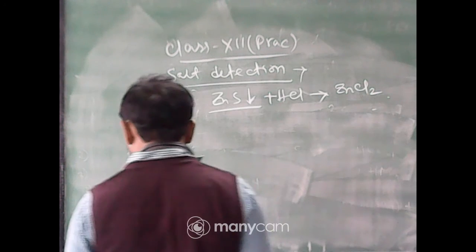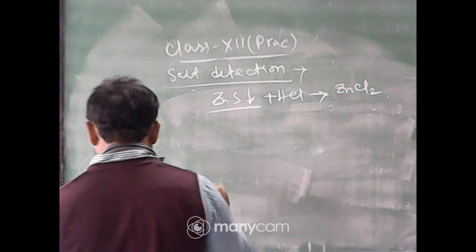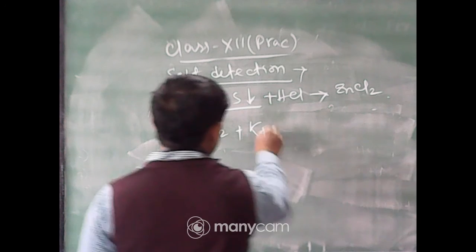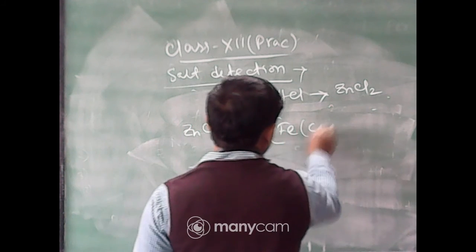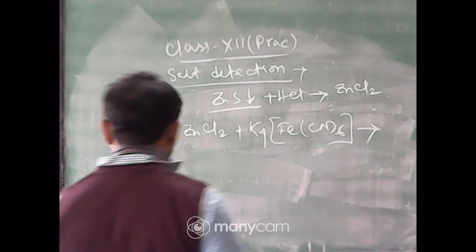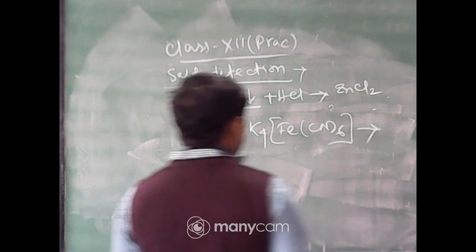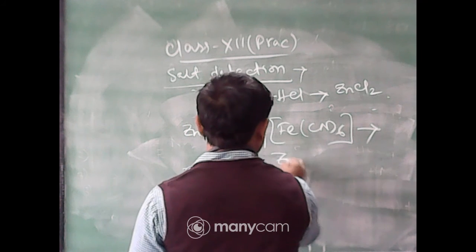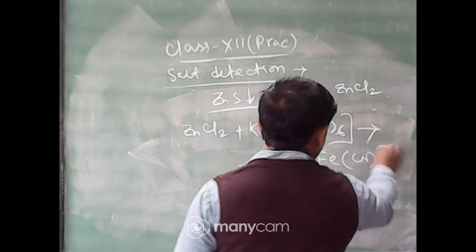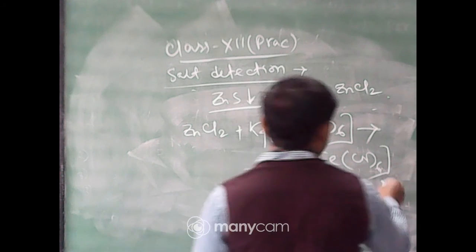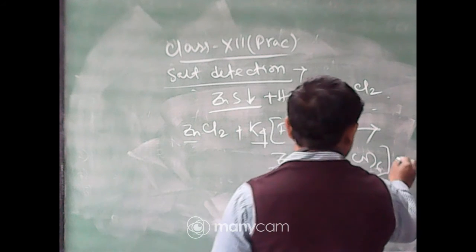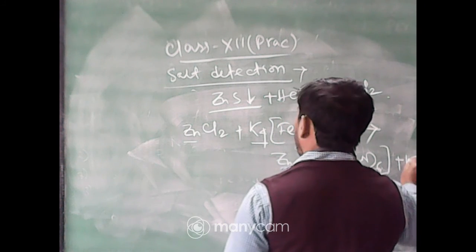Okay. Now, zinc chloride, when treated with ferrocyanide solution, will produce one precipitate, just a displacement of the potassium ion by zinc ion, that is Zn2[Fe(CN)6] plus KCl.